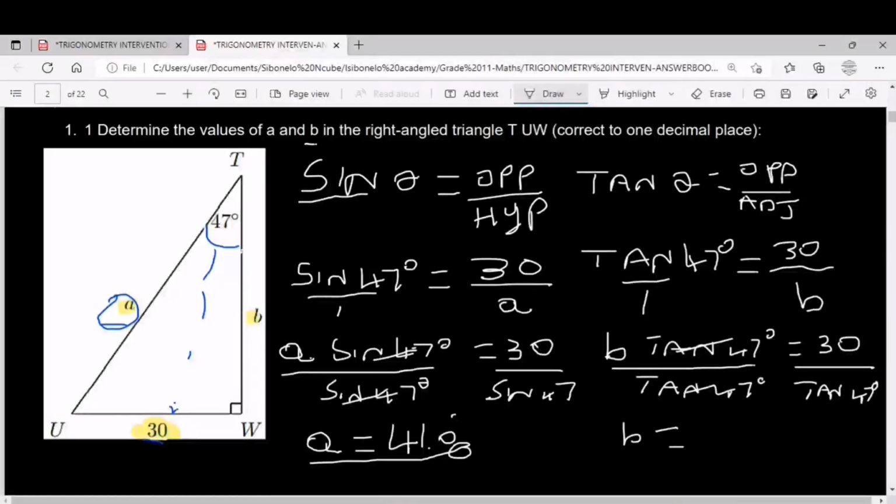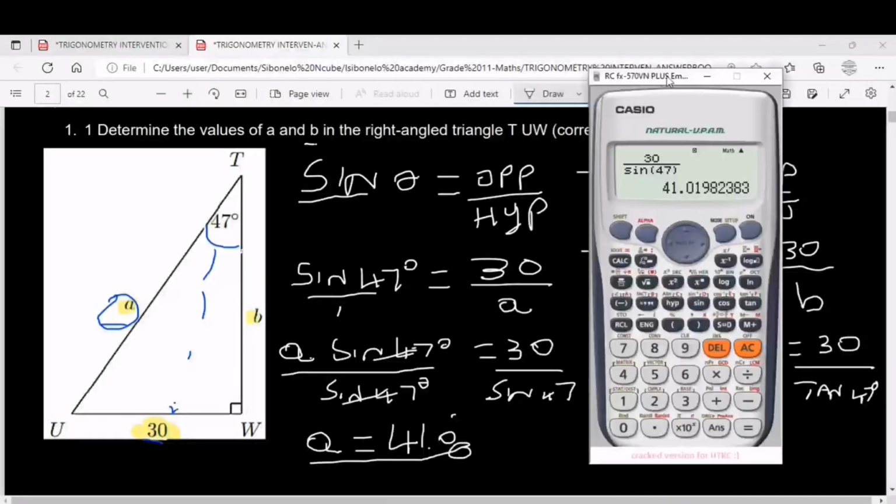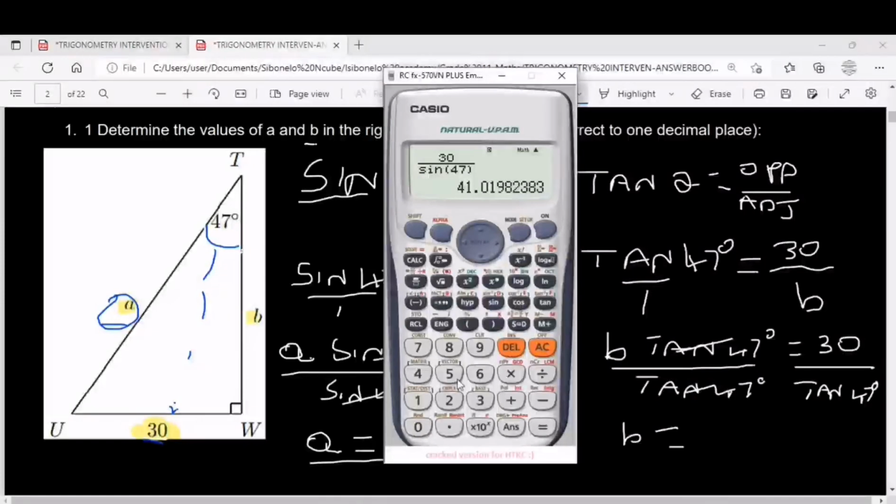Now use your calculator to get the value of b, which is 30 over tan 47. That gives 27.9.